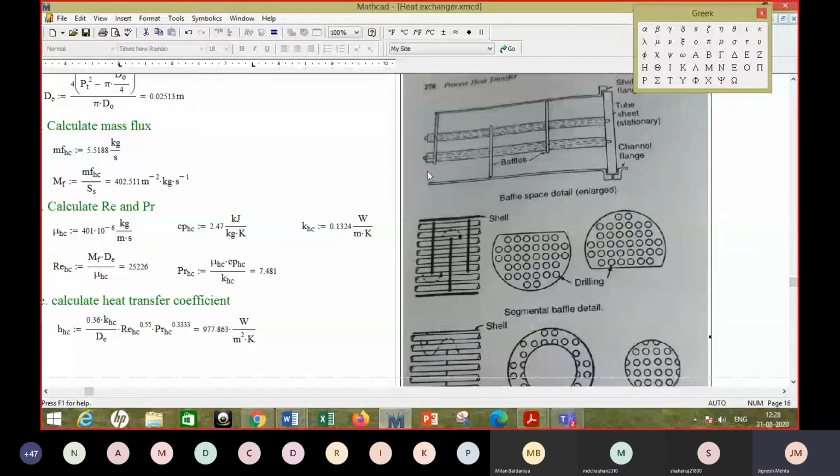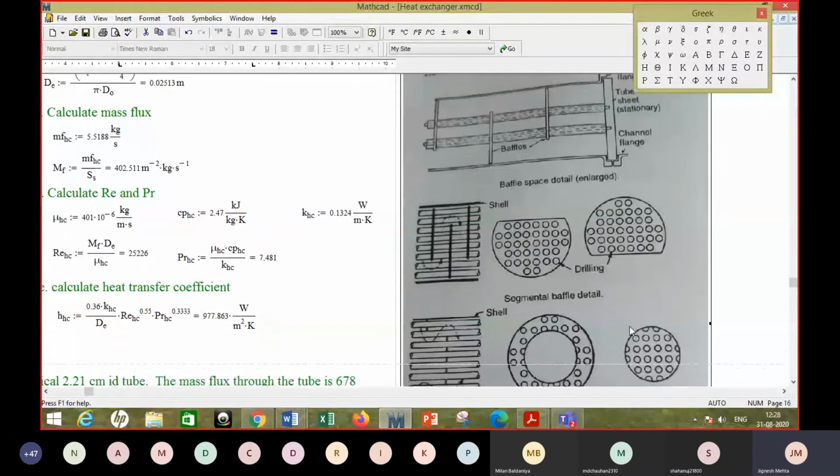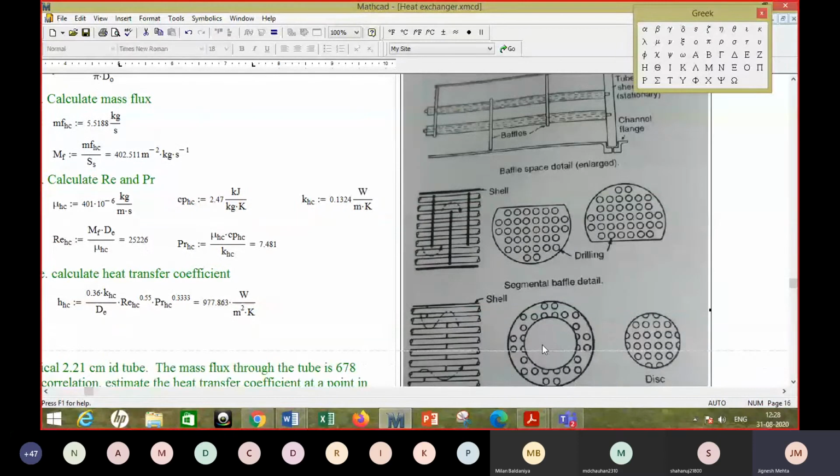If there are two tube side passes, then if you show the full circle, you can put the number of tubes in symmetry, right? So if there are 10 tubes, you can see this full circle here, though it is shown for a different configuration. What might be the case is that if you make two semicircles, 10 tubes may be put in the top part, and 10 tubes in the bottom part.